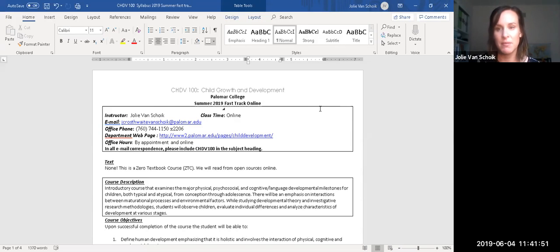Like one time when we had those really bad fires, the school was closed for like 4 or 5 days, and we don't want students coming and being in a potentially dangerous situation because we're a Red Cross facility, things like that. So it's really important that you're getting up-to-date information from the college and also from me. So please, if you're not regularly checking your Palomar student email, please have those emails forwarded to your professional or personal one that you check often.